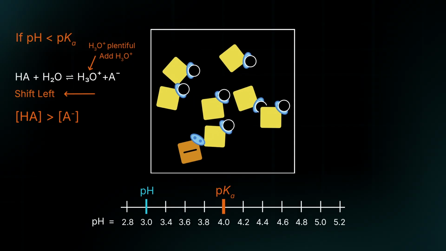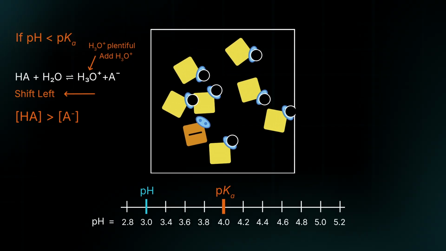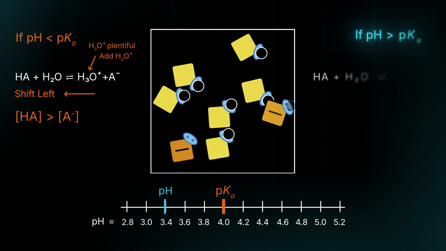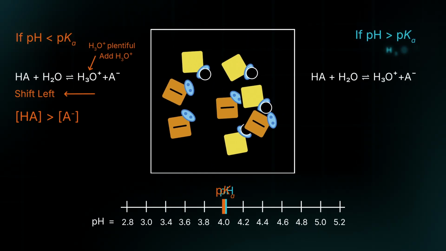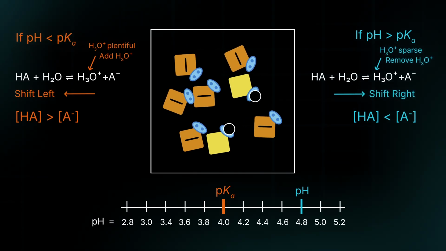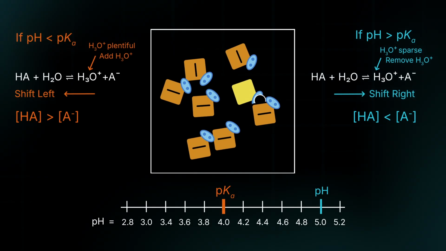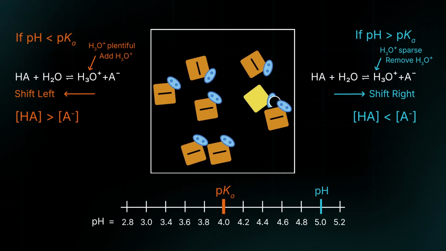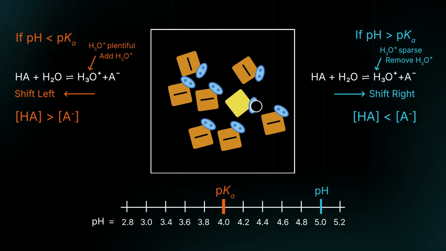The further the pH drops below the pKa, the stronger this preference becomes. If the pH is more basic than the pKa, protons become more scarce, and the molecule favors the conjugate base form. The higher the pH rises, the stronger this preference becomes. So by controlling pH, I am controlling the ratio of conjugate acid to base form.